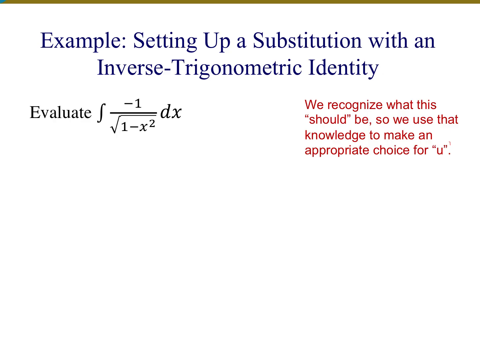You want to make the best choice for you possible, and you choose it with the end goal in mind. I know my end goal is supposed to be negative inverse cosine. So that's what I'm going to choose as my u and see if it works and prove that it works. So I'm going to choose inverse cosine of x as my u.